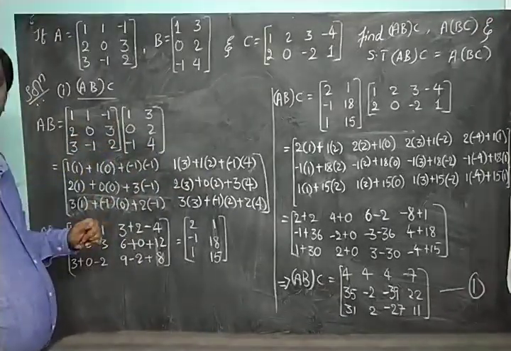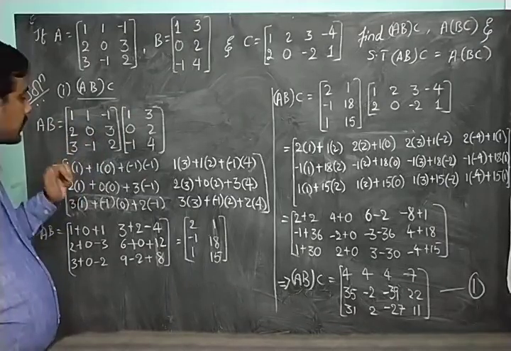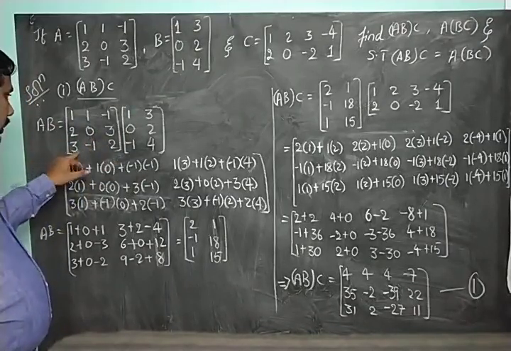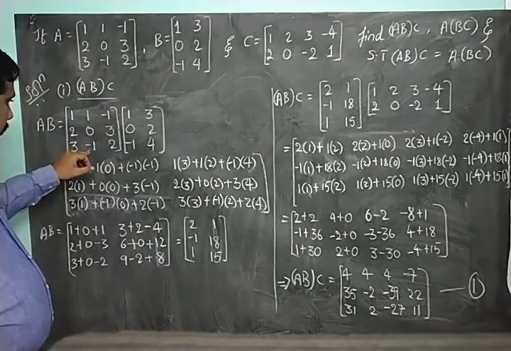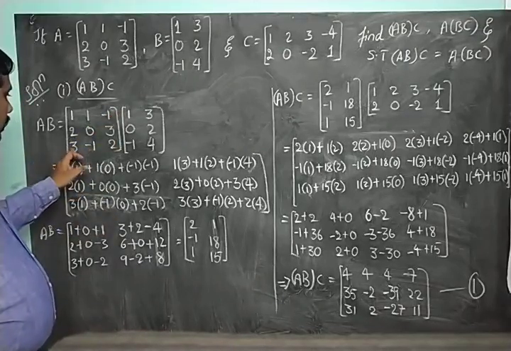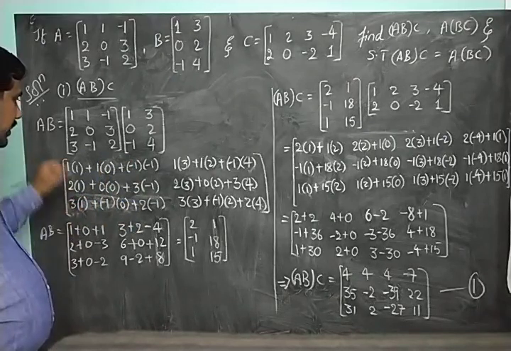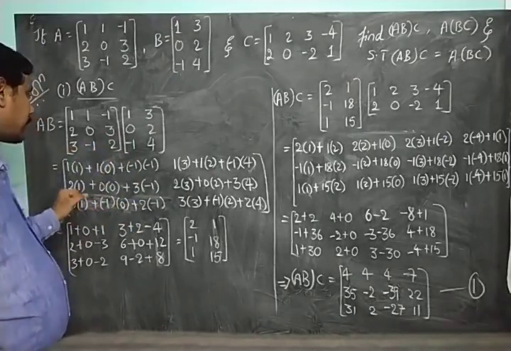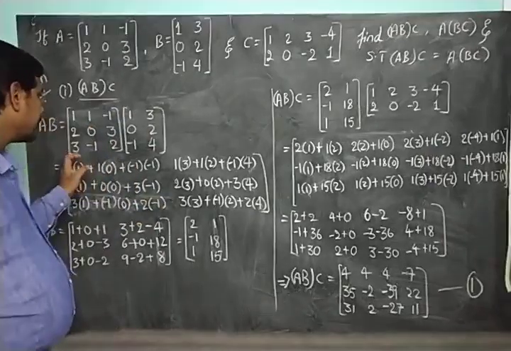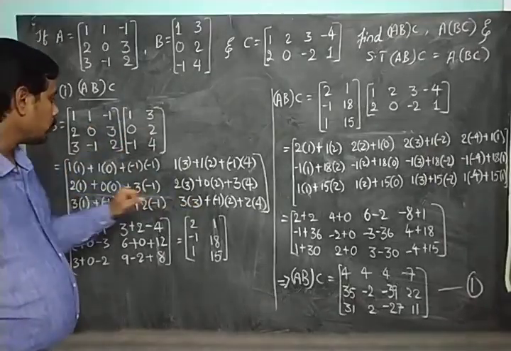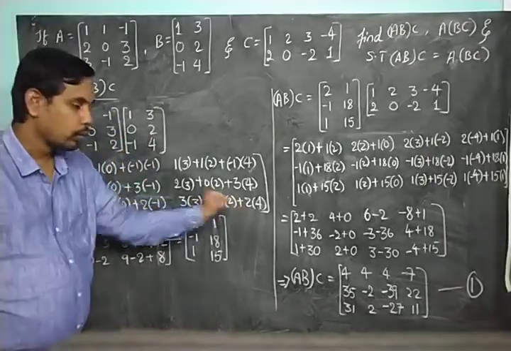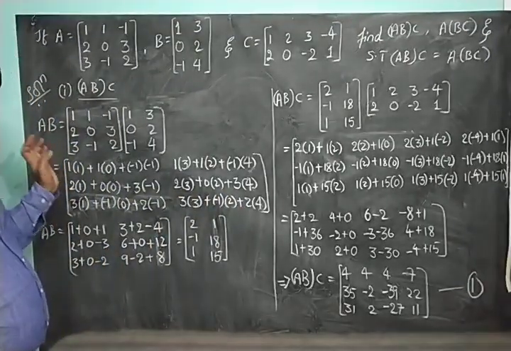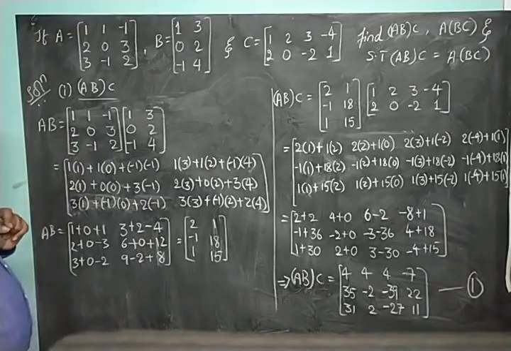Third row and first column: 3 into 1, minus 1 into 0, 2 into minus 1. Third row and second column: 3 into 3, minus 1 into 2, 2 into 4. This completes all three rows and all the columns.